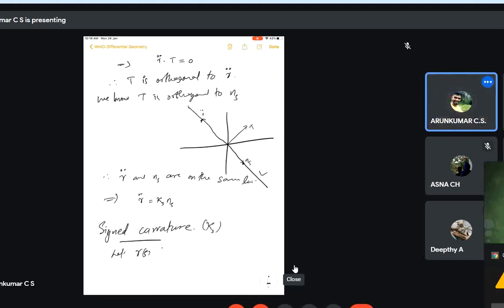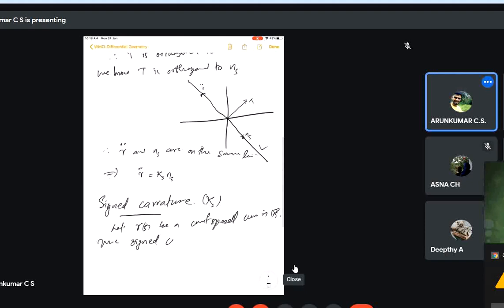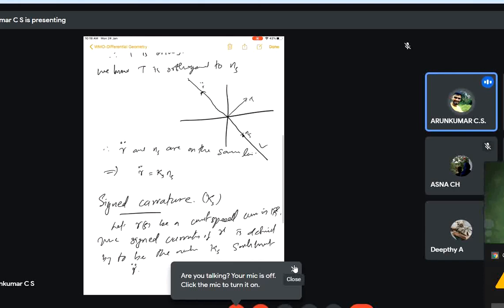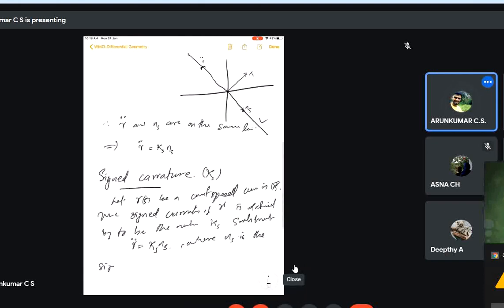Let gamma of s be a unit speed curve. The signed curvature is the number, or precisely the function ks, such that gamma double dot is equal to ks Ns, where Ns is the signed unit normal vector.